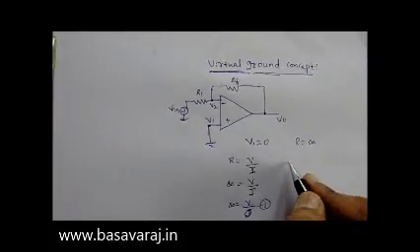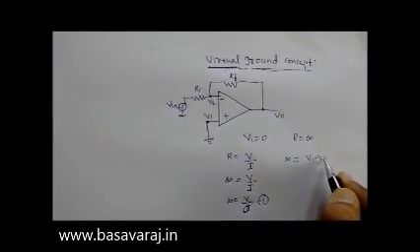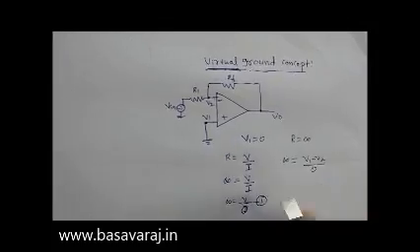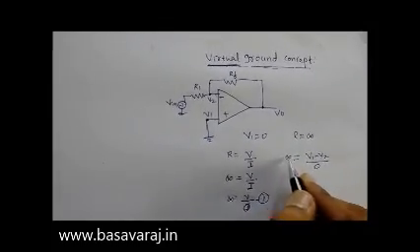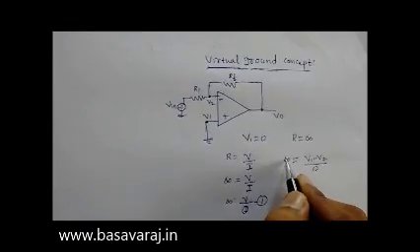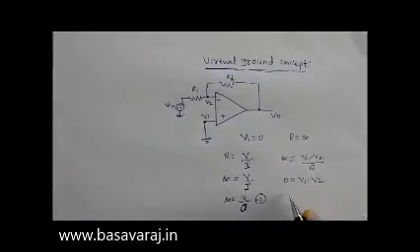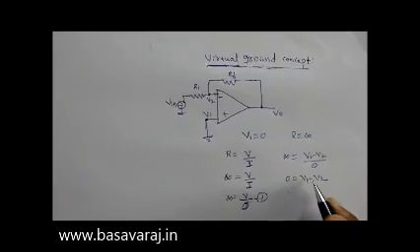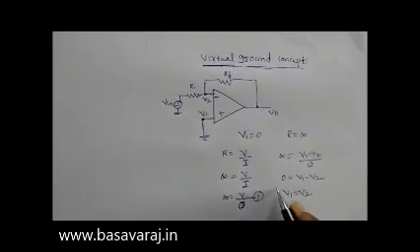So V is nothing but V1 minus V2, so infinity equal to (V1 minus V2) divided by 0, because I is 0. If you take 0 to this side, 0 into infinity is 0. So 0 equal to V1 minus V2, which is nothing but V1 equal to V2.